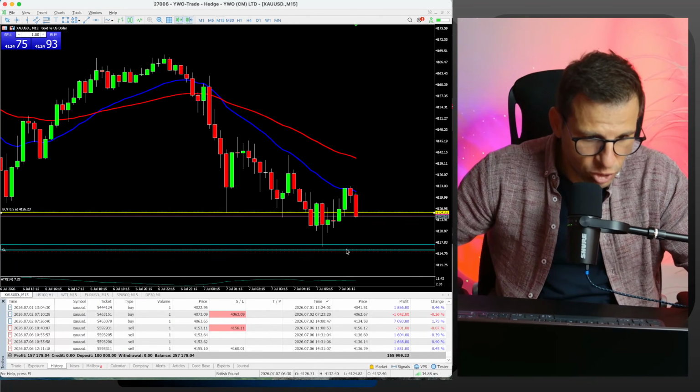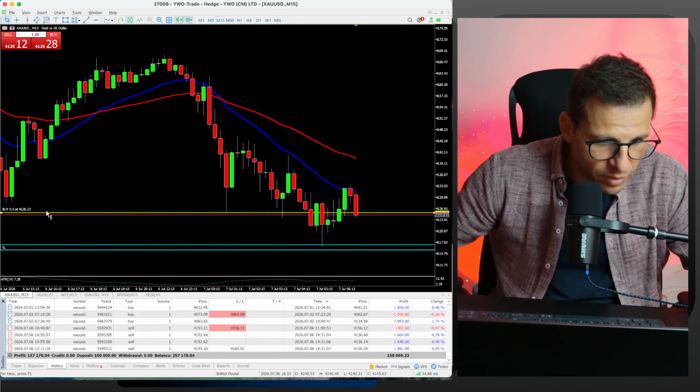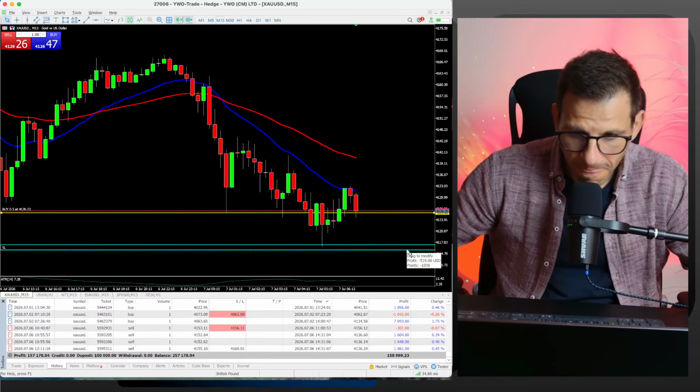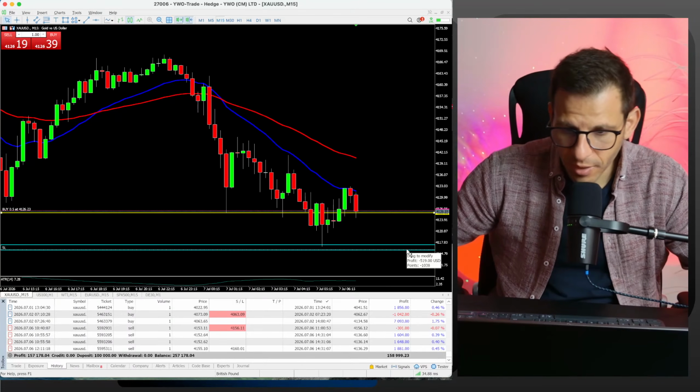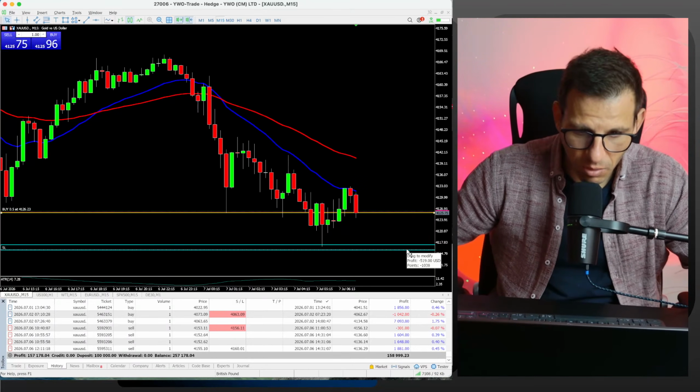So on this trade, I'm risking very, very little compared to my account size. I'm risking here 1100 points on average, which is about 519 US dollars on my account here with YWO.